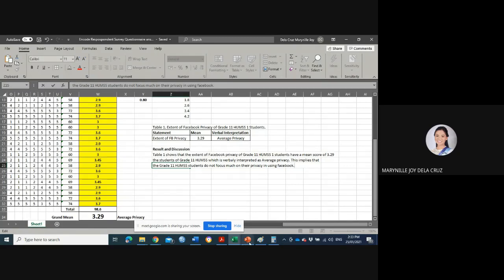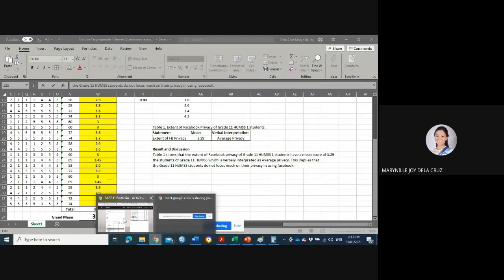Ari man mo, may guide man gyapon kamo kay daon sa statement yung gimbutang.